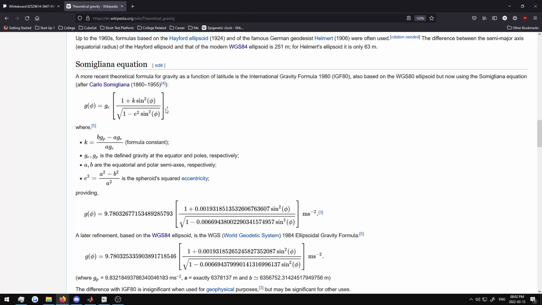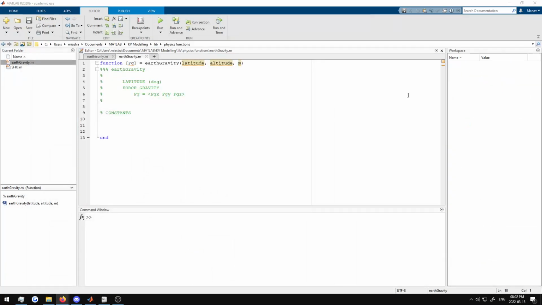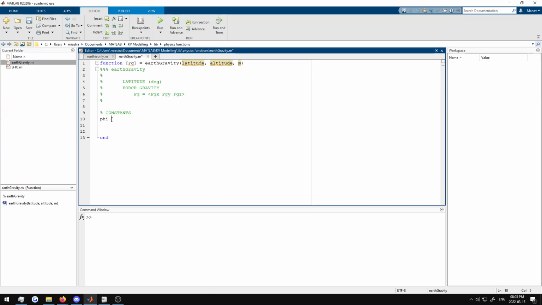Also, we have to keep in mind that phi is measured from latitude, starting at the equator. Phi is 0 there, and we want to make sure we don't make any errors with that. We also want to make sure we don't make mistakes between radians and degrees. I personally like radians, so I'll be converting everything into radians. These are the two variables that I'll be using everywhere, phi and h.